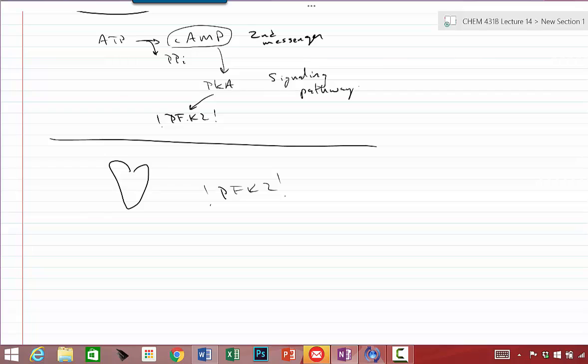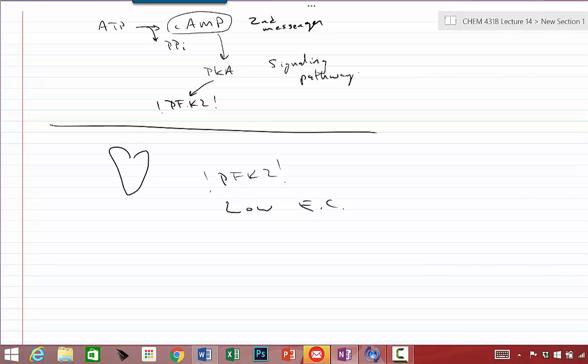But when you have low energy charge, what happens is that this phosphofructokinase 2 gets activated. And it gets activated differently than it does in the liver. When you have low EC, you have high levels of AMP.